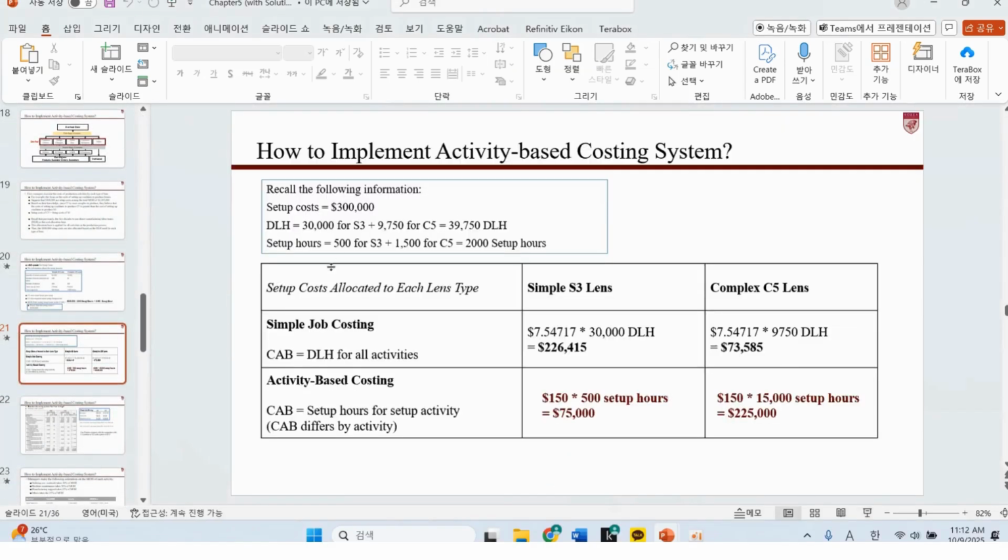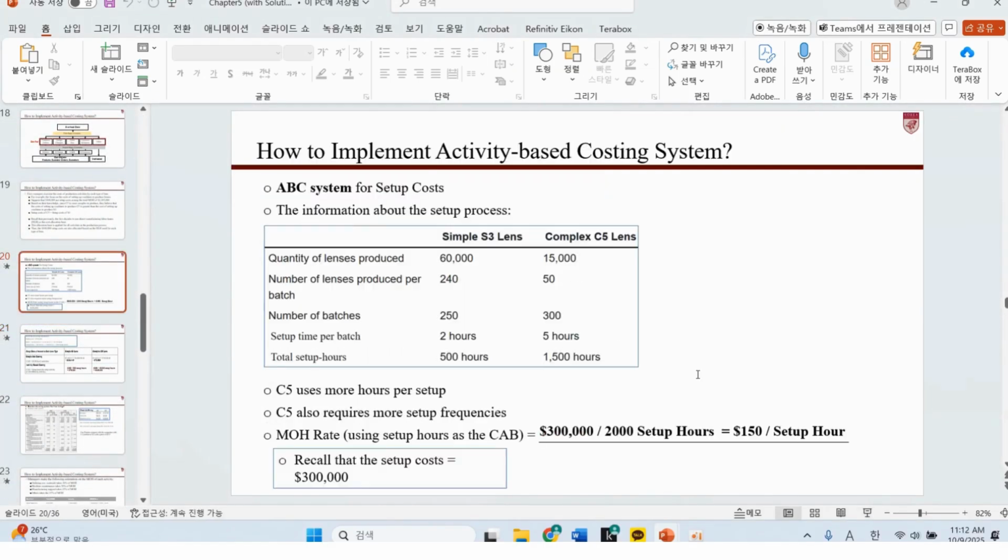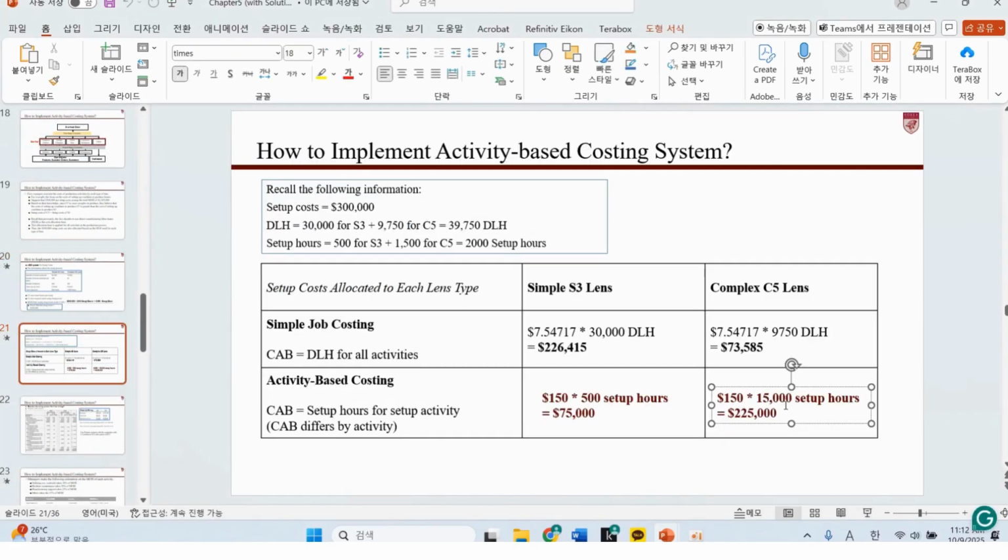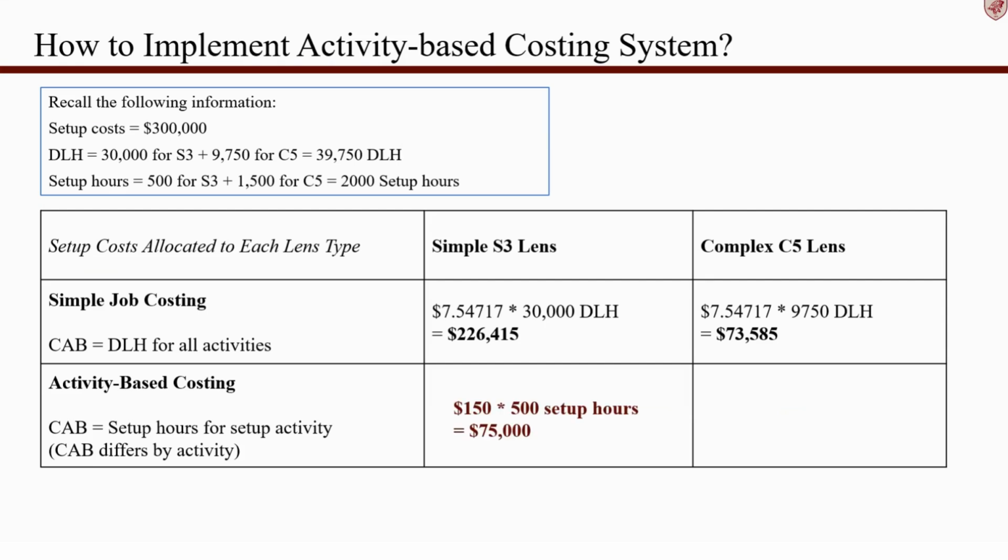Okay, so this should be not 15,000, but 1500. One less zero, right? Oops. To $225,000.